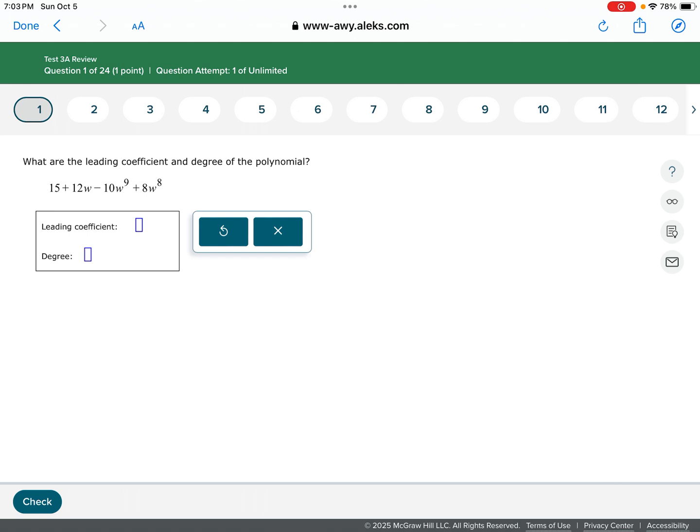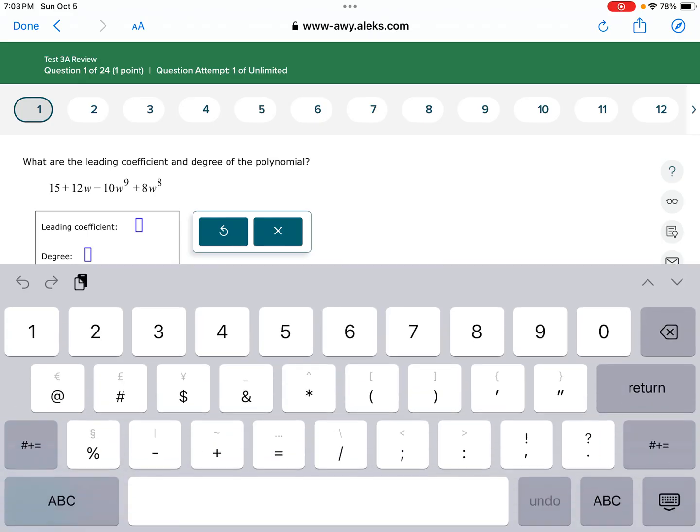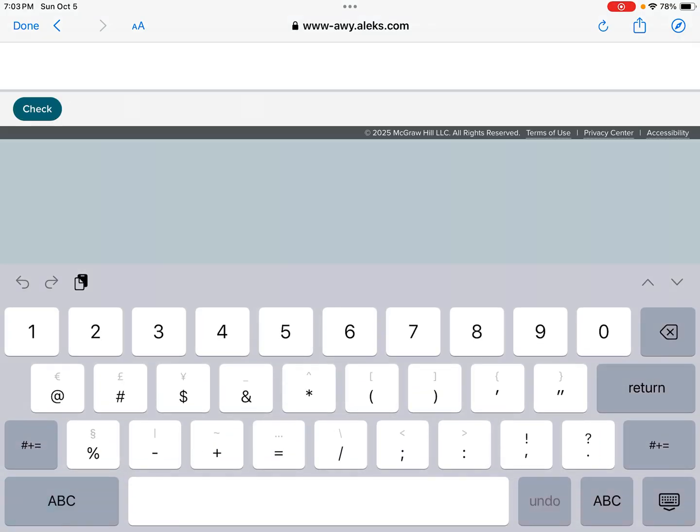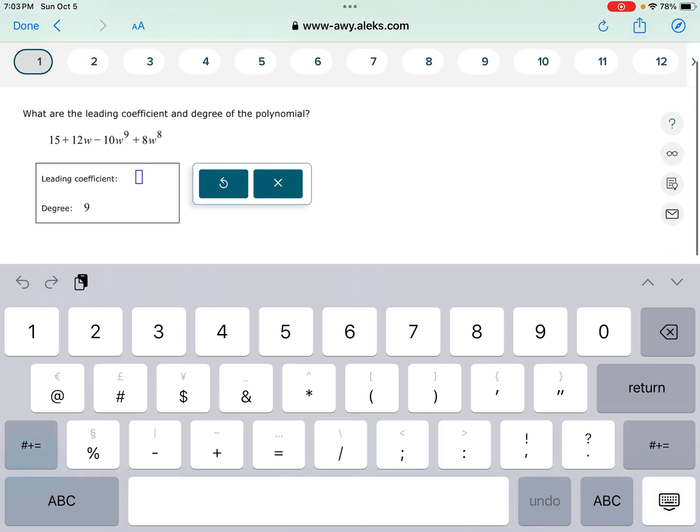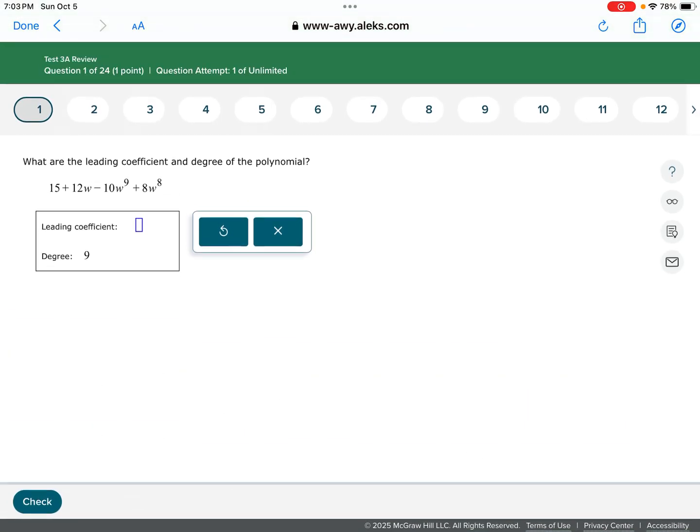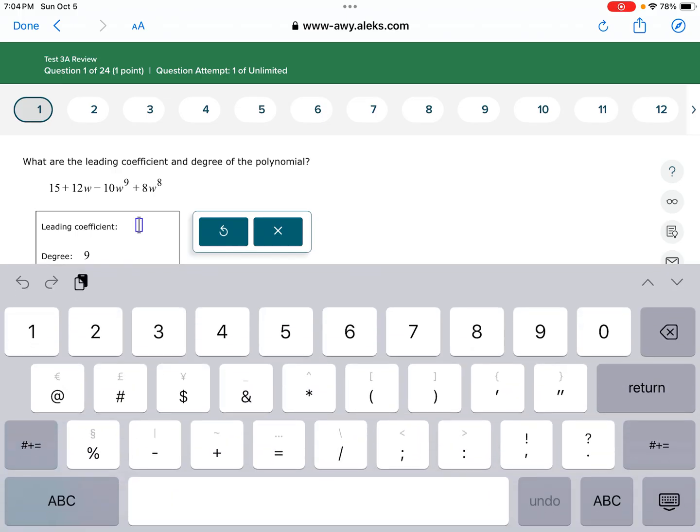Of these four monomials, negative 10w to the ninth has the largest degree, 9. So the degree of the polynomial will be the same degree as the largest monomial, and the leading coefficient will be the coefficient that's with it.